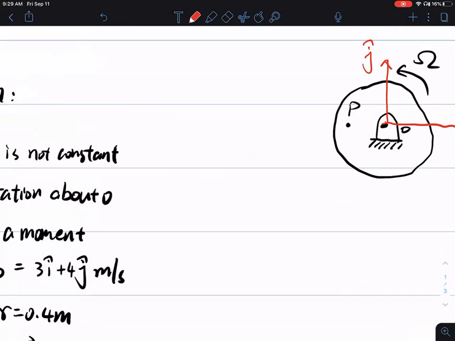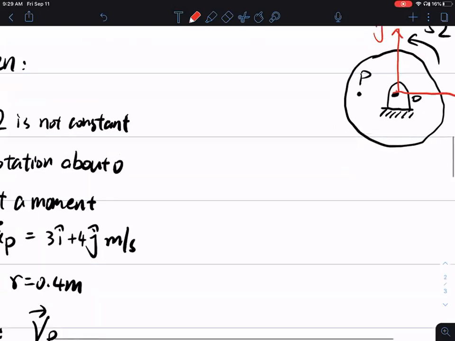Point O. It doesn't really move, so it's at a constant velocity of 0. Yes, point O is fixed, so any fixed point has velocity of 0.